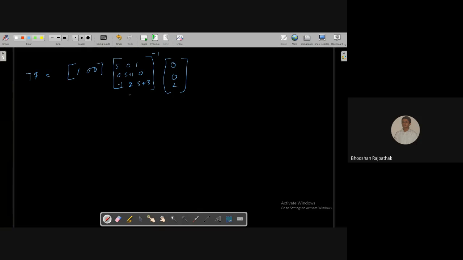What is the trick? This is my sI minus A. So I will get the cofactor of sI minus A, and then I will take the transpose. Cofactor of sI minus A means every element's cofactor, but no need to calculate. Now we know, since this is first entry and this is last entry, that means only cofactor of this thing is needed. So you just take cofactor of this thing, which is 0 minus s plus 1. Okay, minus of s plus 1.